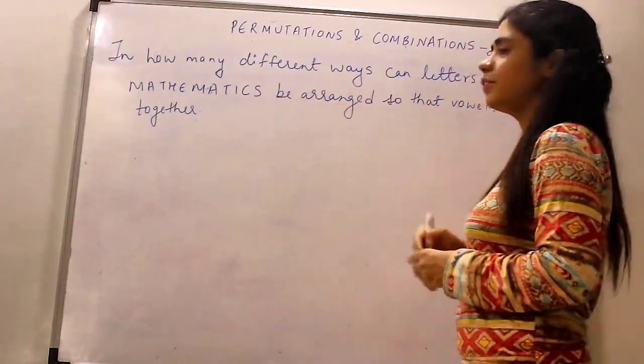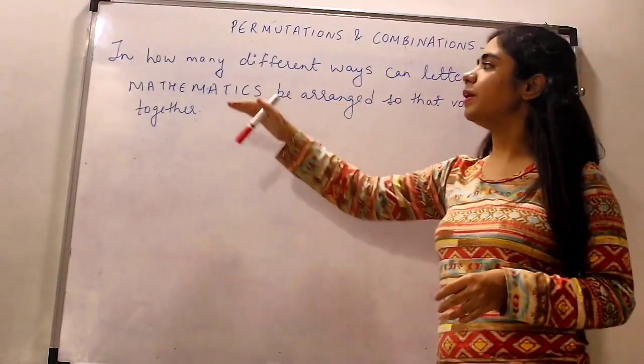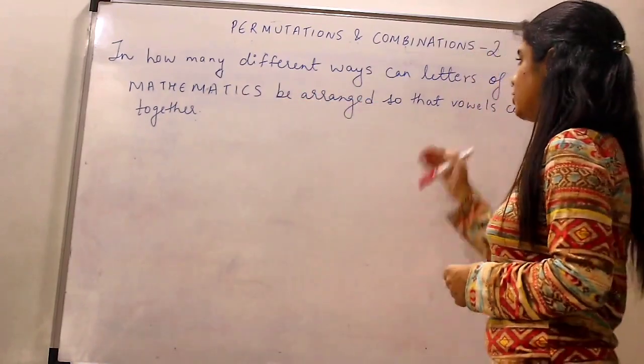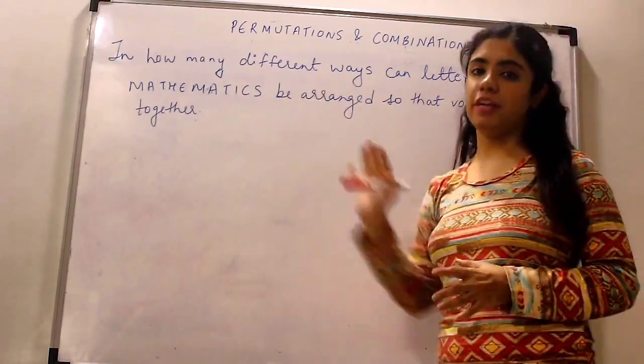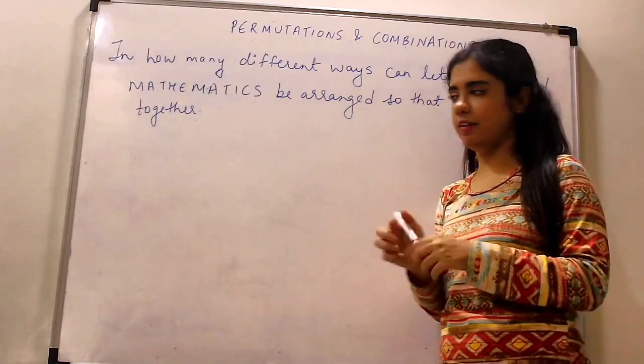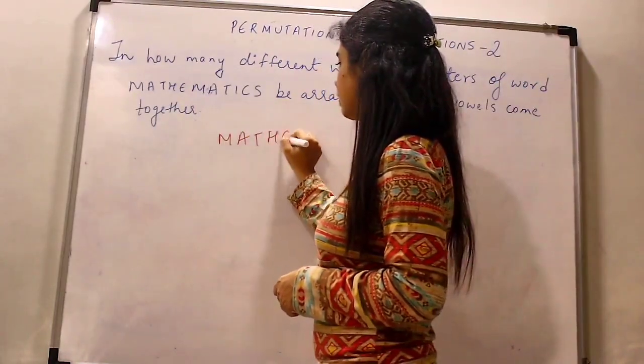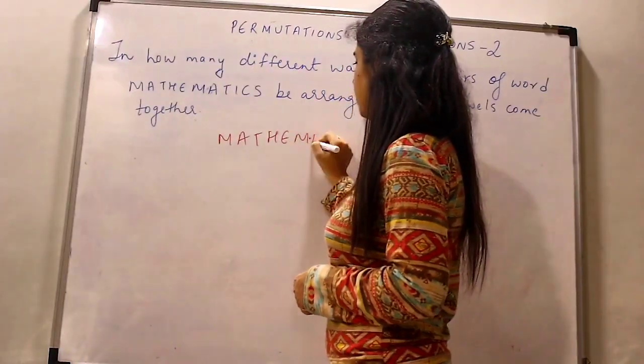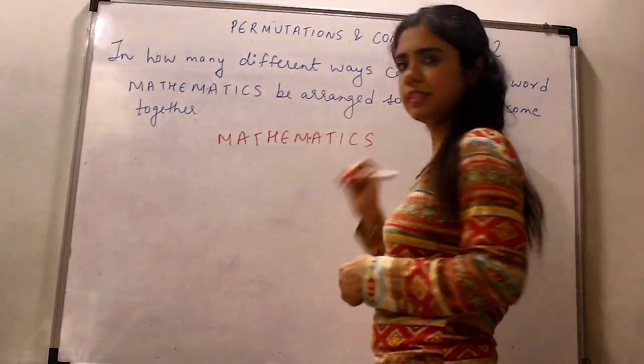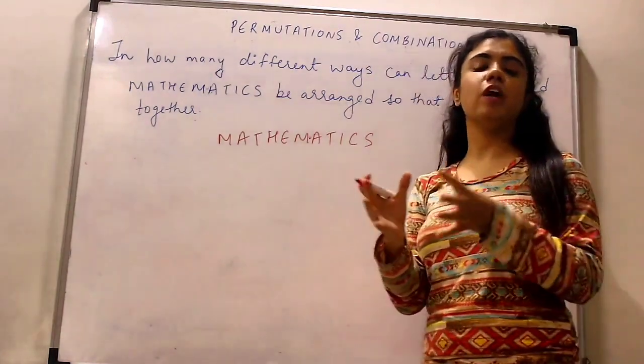In how many different ways can the letters of the word mathematics be arranged so that the vowels come together? Okay, vowels have to come together. So my word is mathematics. They are saying the vowels have to come together.